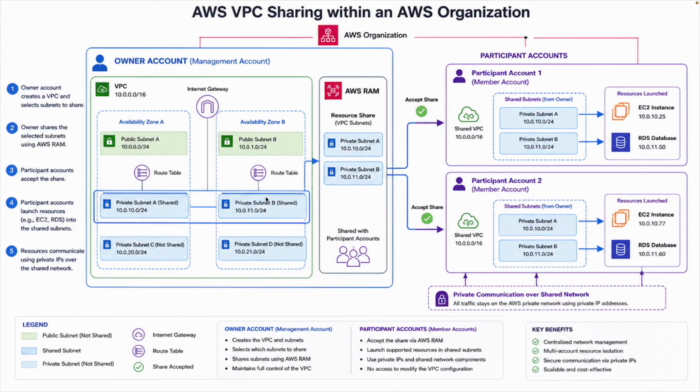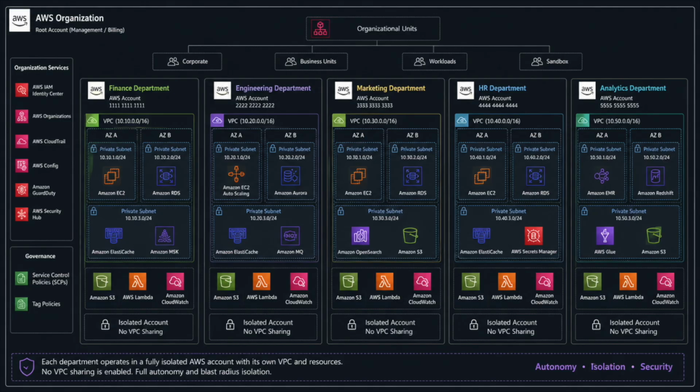For the real world use case, like I said earlier, imagine a company with separate AWS accounts for finance, HR, marketing, security, development, production, data analytics, and so forth. Without VPC sharing, each team would need its own VPC, NAT gateway, route tables, internet connectivity, and everything.